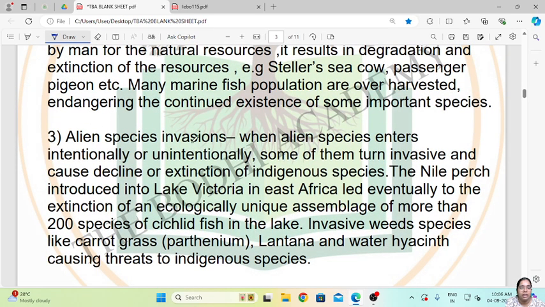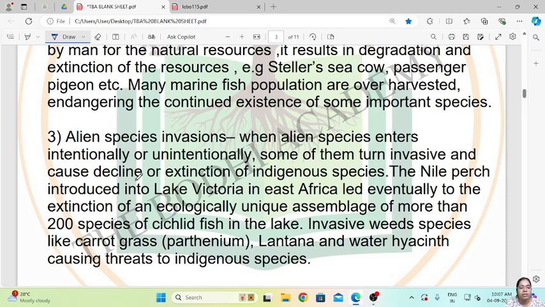Alien species invasion. When alien species enter intentionally or unintentionally, some of them turn invasive and cause decline or extinction of indigenous species.